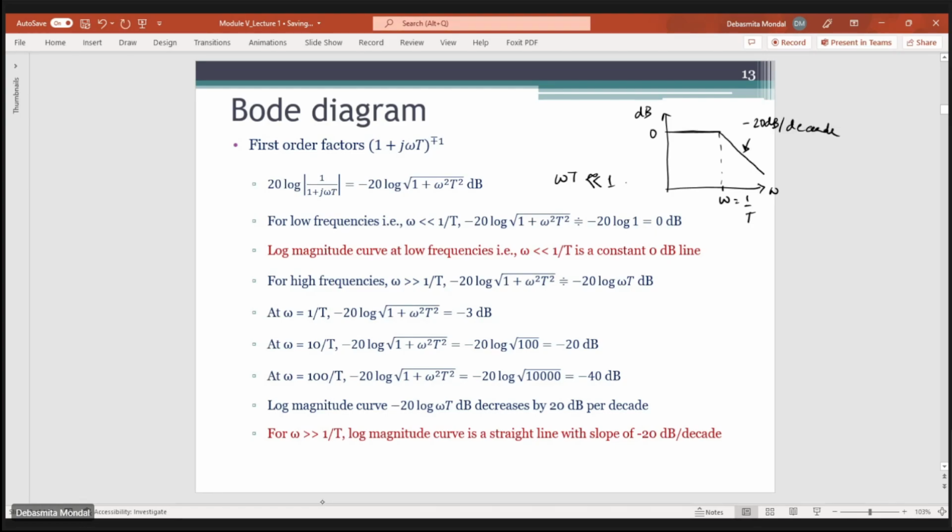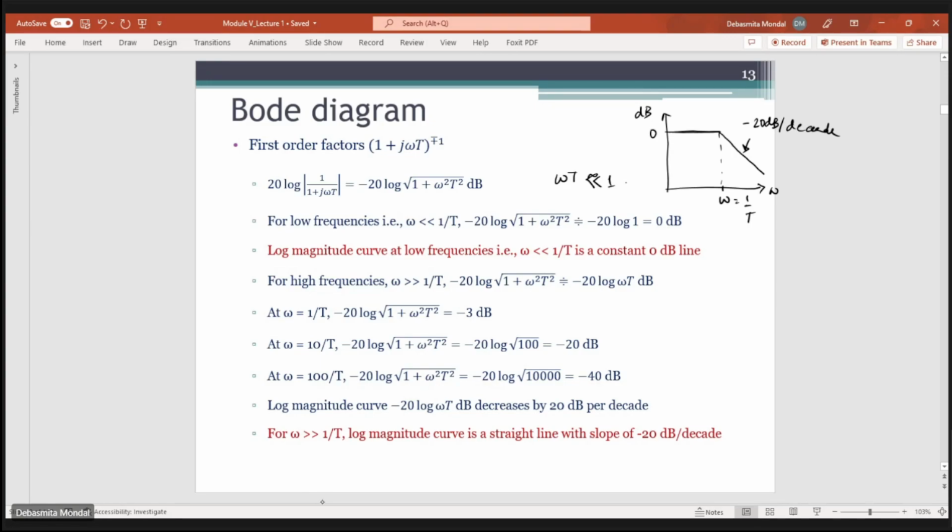So here also, you can simply find the value by placing different values. So at omega equals 10 by T, this is minus 20 dB. At omega equals 100 by T, the magnitude is minus 40 dB. So that means for every decade, this is reducing by 20 dB. So the slope is minus 20 dB per decade.